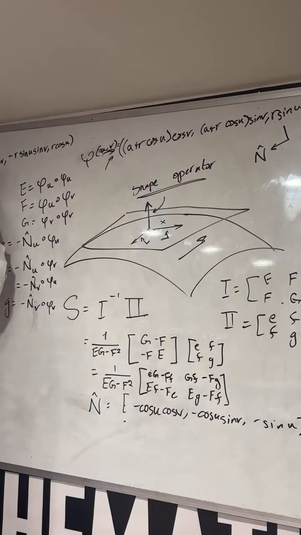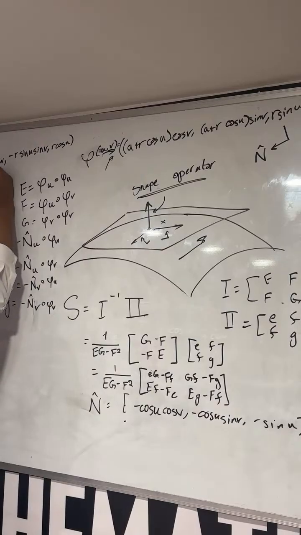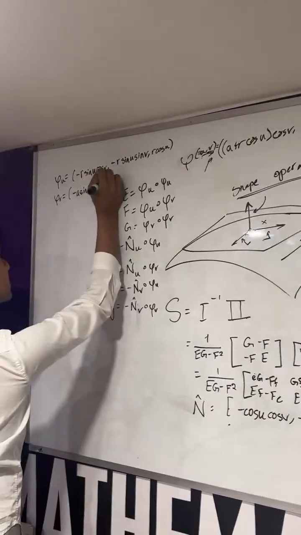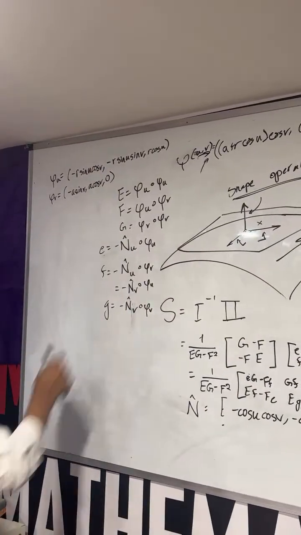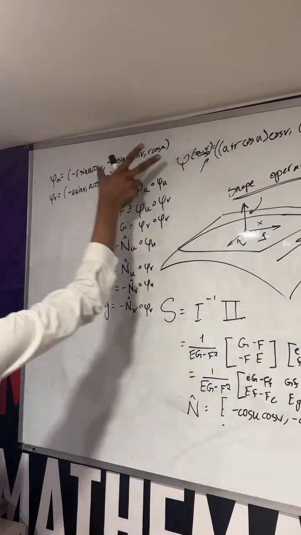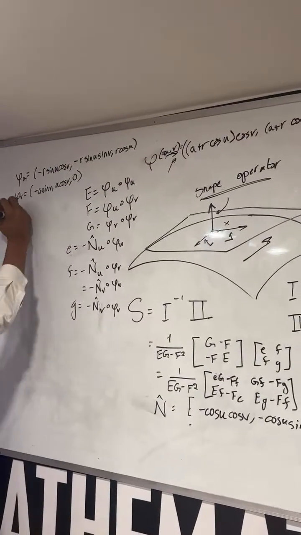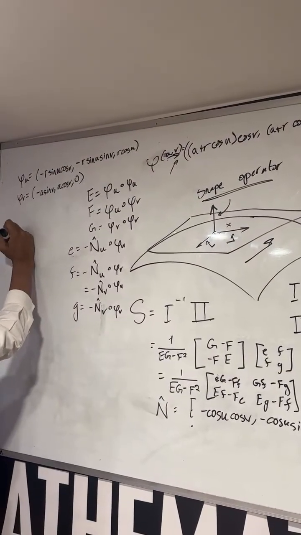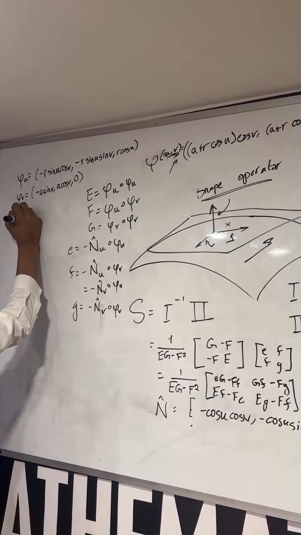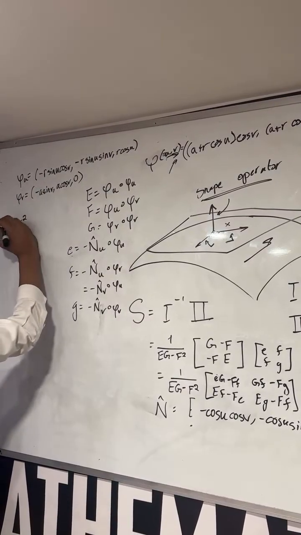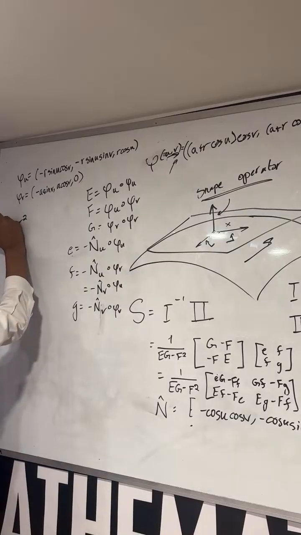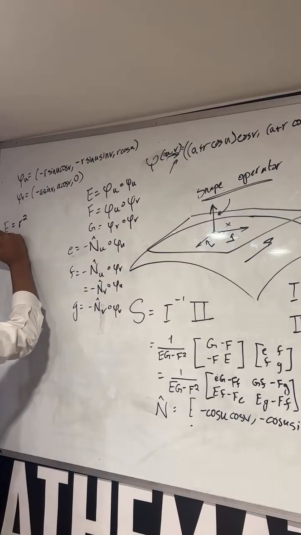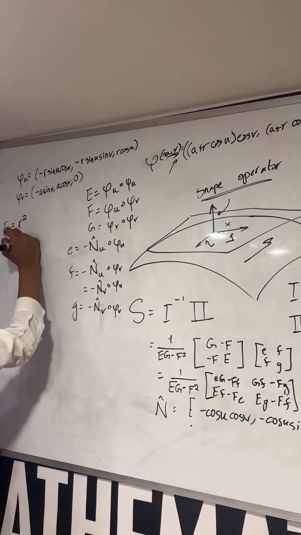And phi v is minus a sine v, a cos v, 0. Okay, so phi u dot phi u is just the magnitude of this vector squared, which happens to be what? Well, r squared. We already discussed this. G, on the other hand, is just going to be the magnitude of phi v squared, which is a squared.